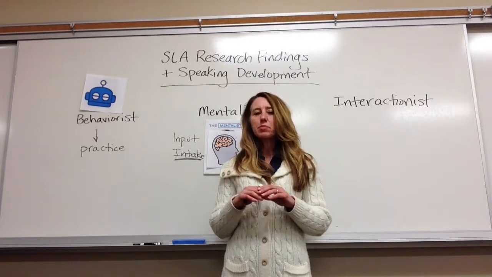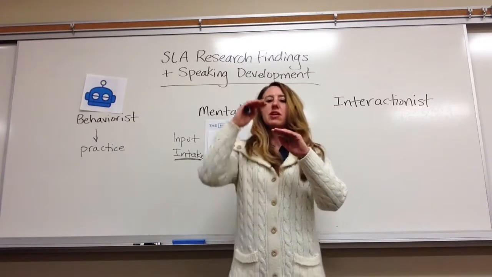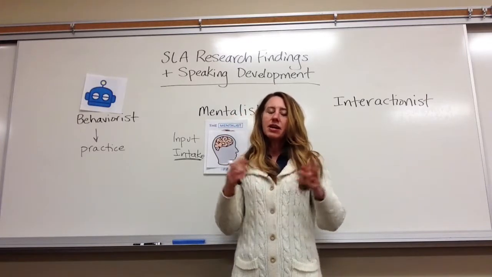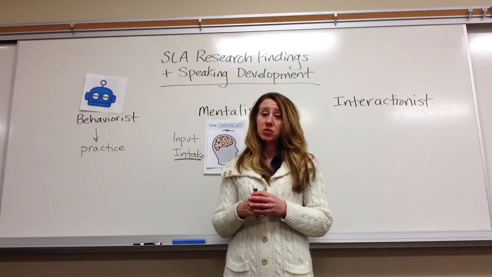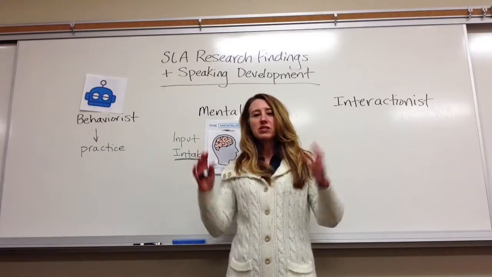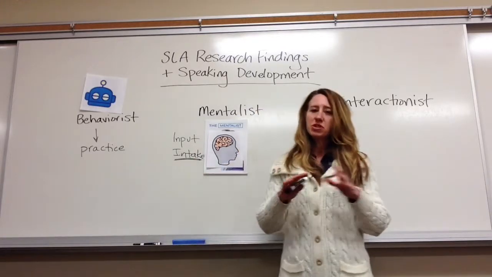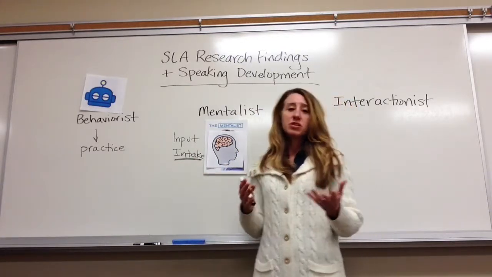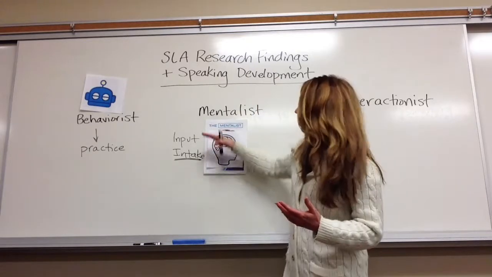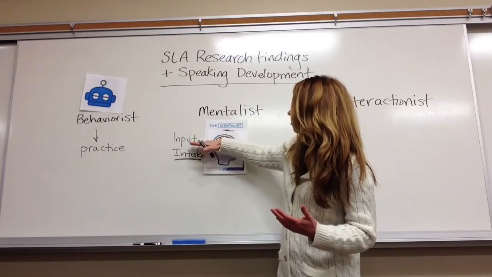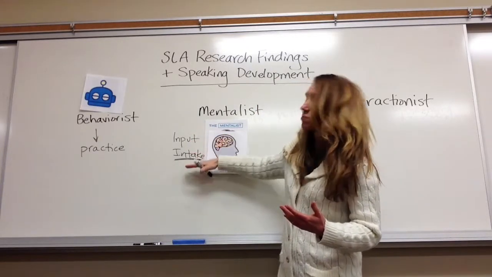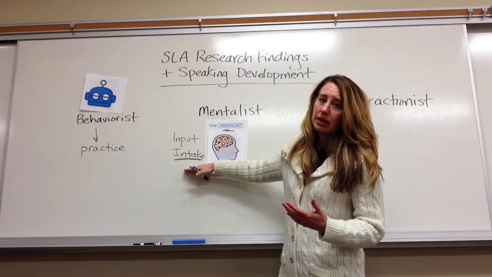He said i+1, where the student is, and just a little bit higher. And he said it had to be comprehensible. So we need to feel comfortable, it needs to be just the right level, we need to be able to understand it. It's all of those factors that move us from input to intake, okay?